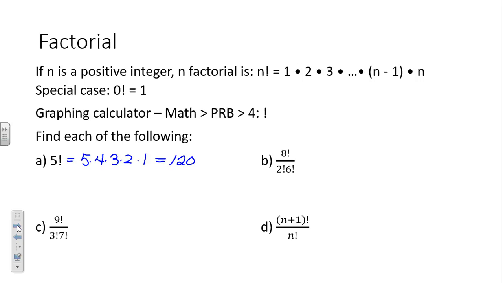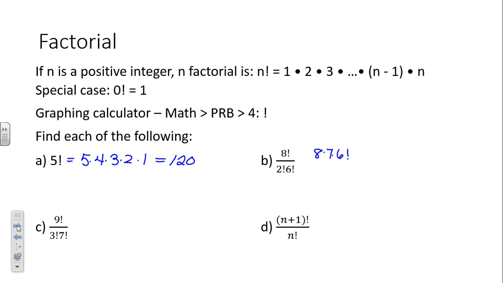Okay. So let's look at this one. We have 8 factorial divided by 2 factorial times 6 factorial. So it's going to be 8 times 7 times 6 times 5 times 4 times, and so on.